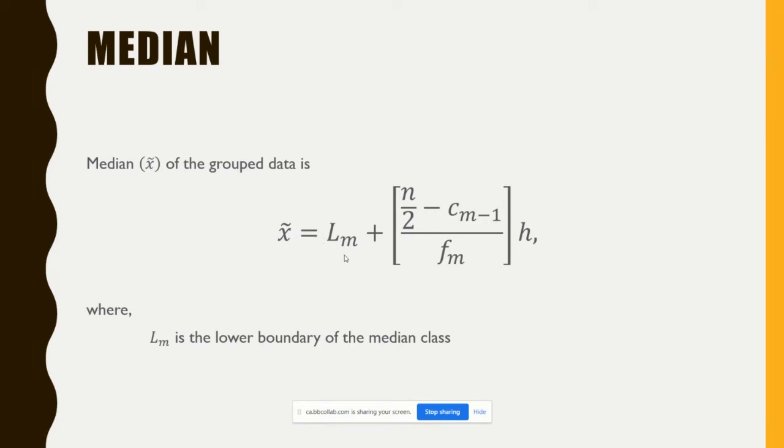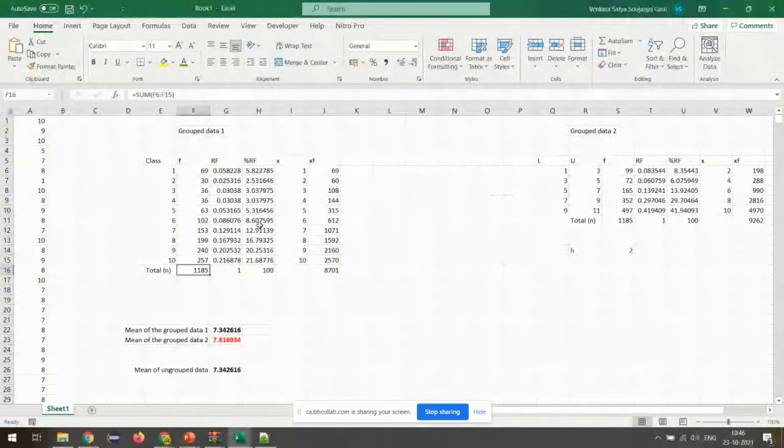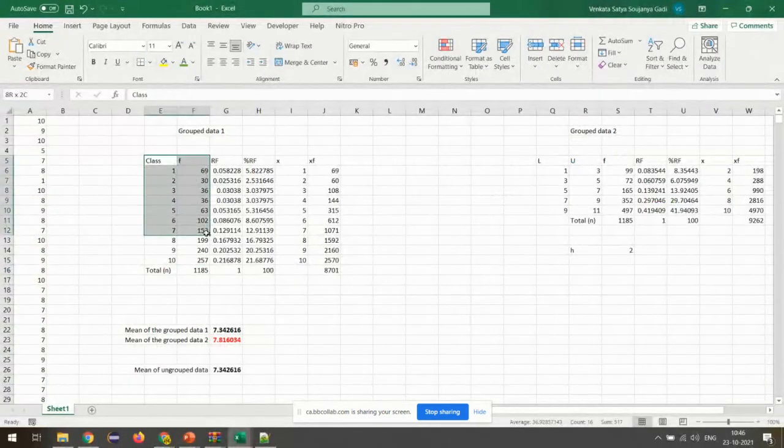The median class is the class which is containing the middle person. So how do we see the middle person? We organize all the humans, I mean all the population, in a long queue, right? So we are doing that already in this frequency distribution.